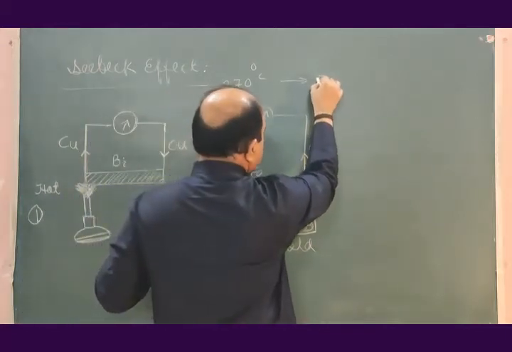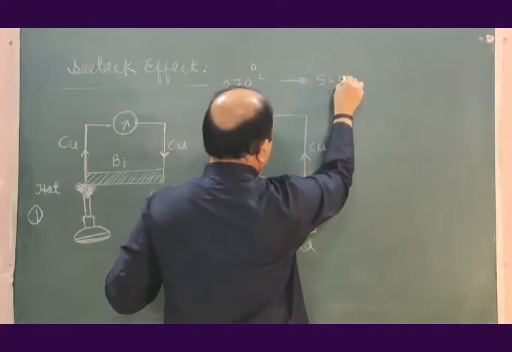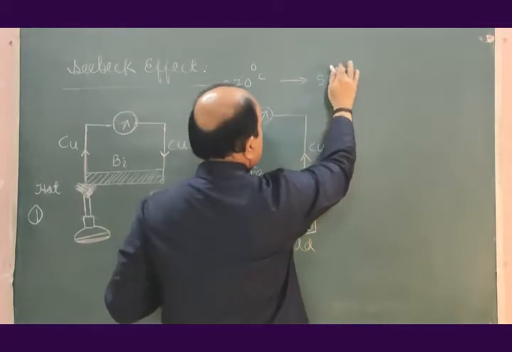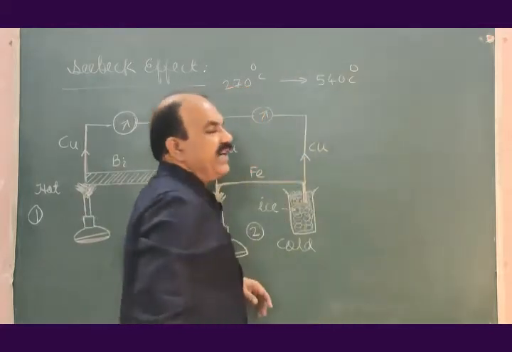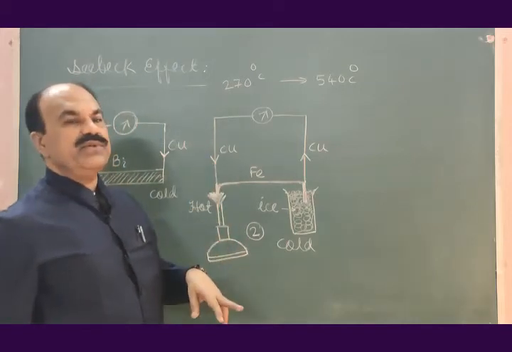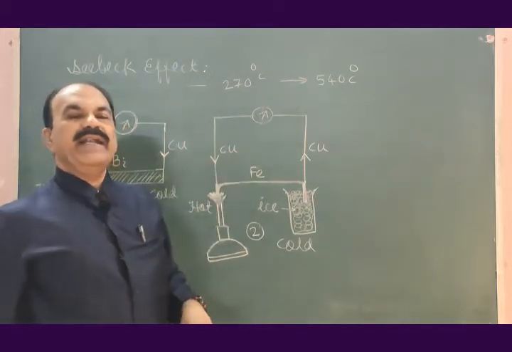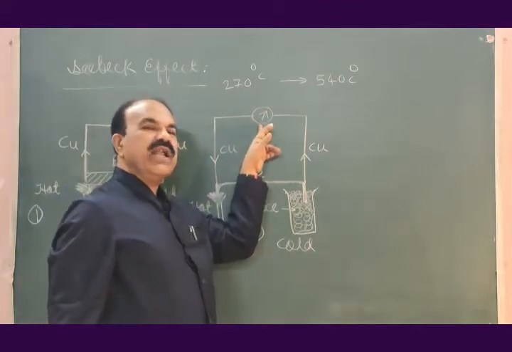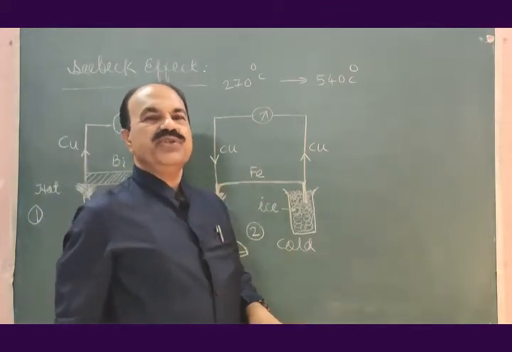When this heating is continued up to 540 degrees Celsius, the current flowing through the galvanometer becomes 0.